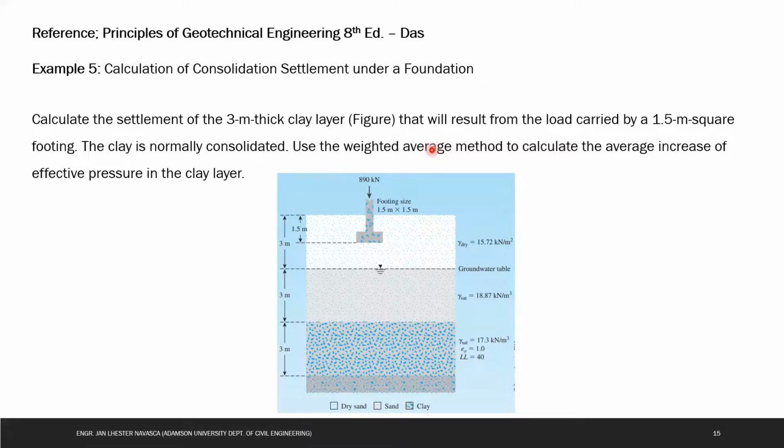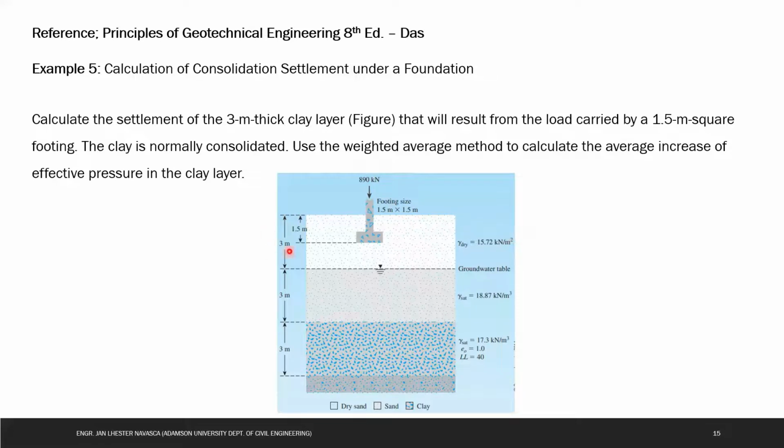Given the soil profile and this setup, we have a footing size of 1.5 by 1.5 meter. We have 890 kilonewton applied on the footing. The footing embedment is 1.5 meters. The dry unit weight of sand is 15.72 kilonewton per cubic meter.